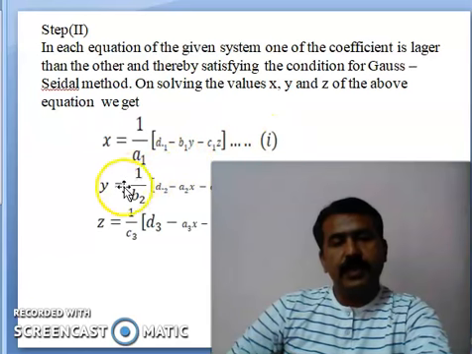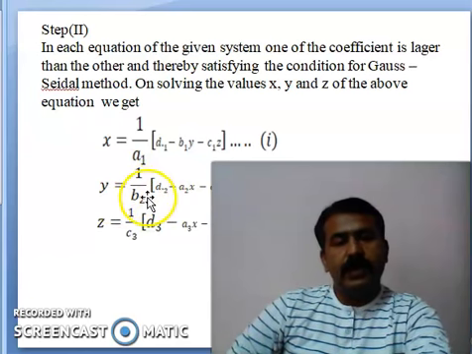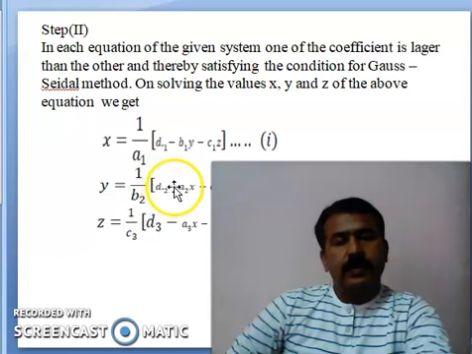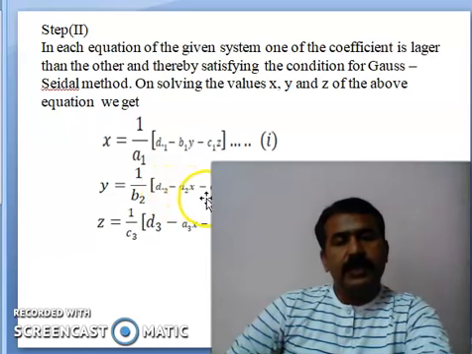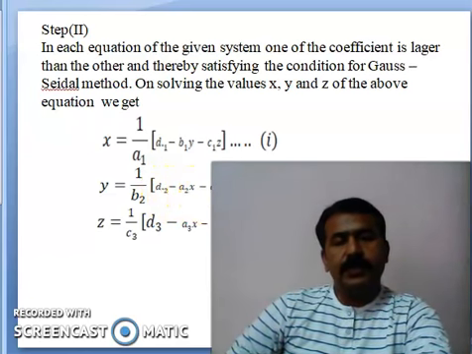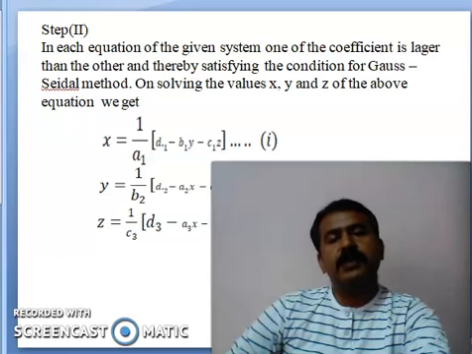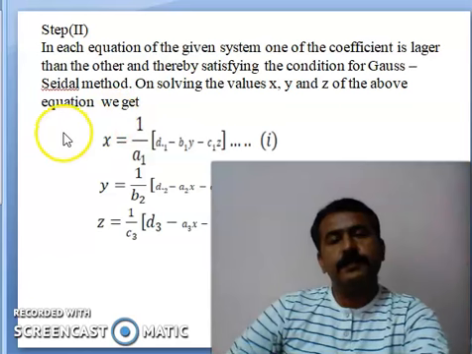This is equation number 1. Similarly, from the second equation, y equal to 1 by b2 of (d2 minus a2x minus c2z). This is equation number 2. And z equal to 1 by c3 of (d3 minus a3x minus b3y). This is equation number 3. So this is the second step of the working rule.